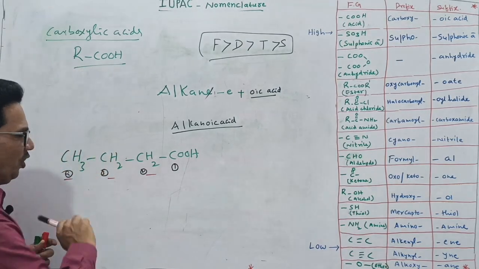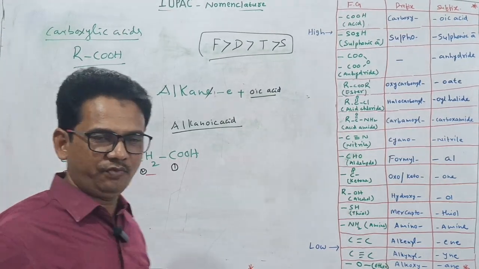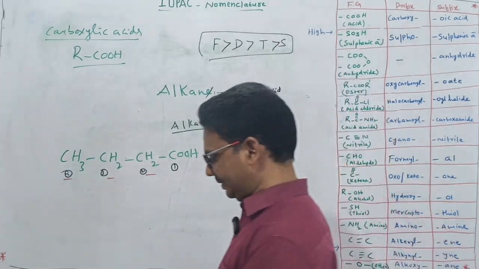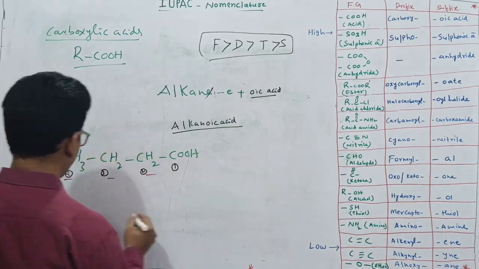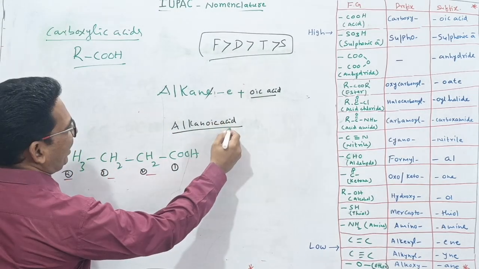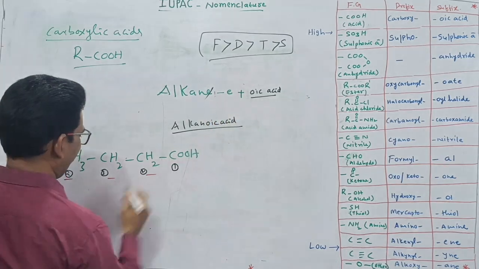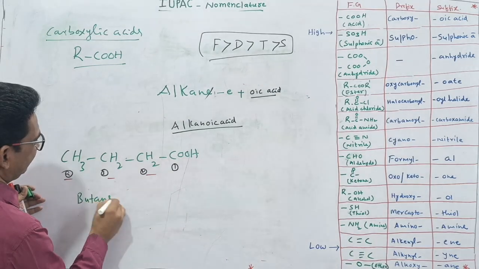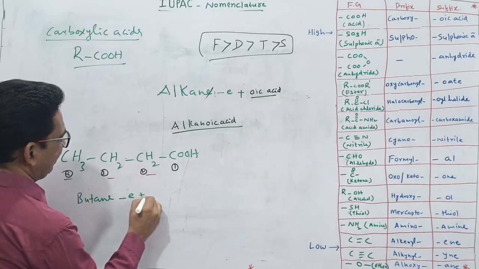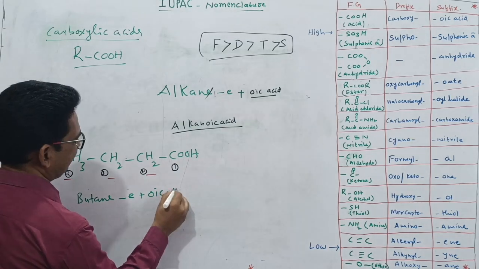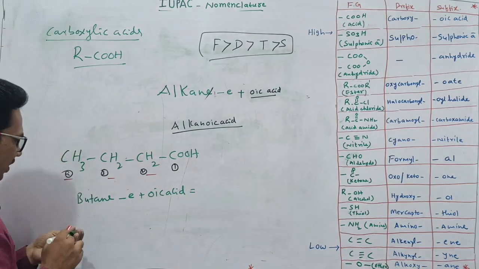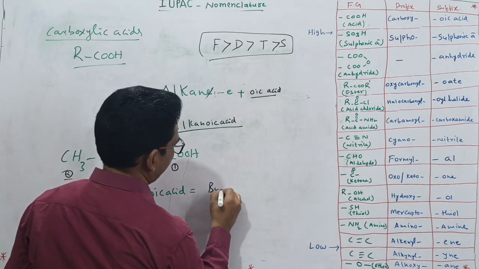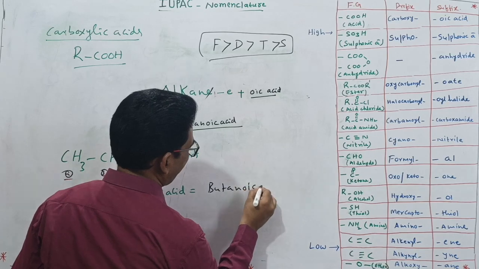Then what is the word root? How many carbons? 4. 4 means what is it called? But. Then see, what I told: alkanoic acid, alkane minus E plus oic acid. Here alkane means butane, minus E plus oic acid. Then what is the name for this one? If you remove the E, butanoic acid.